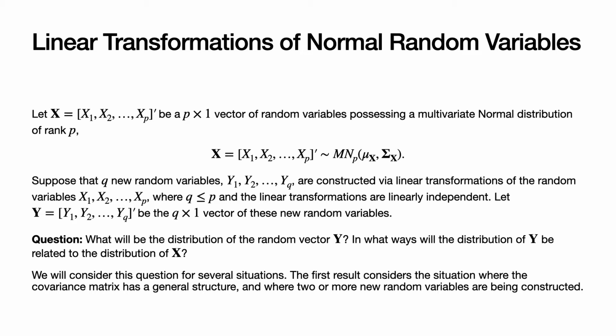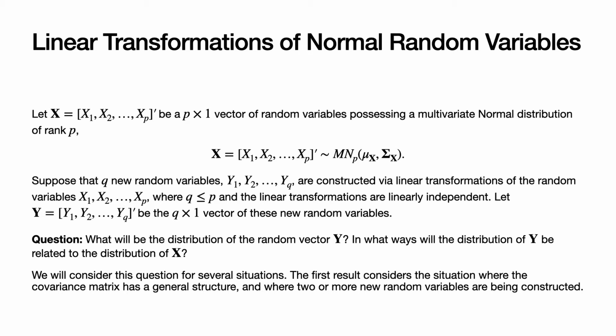Now suppose that q new random variables, which we will denote by y1, y2, and so forth up to y sub q, are constructed via linear transformations of the random variables x1, x2, and so forth up to x sub p, where q is no more than p, and the linear transformations are linearly independent.